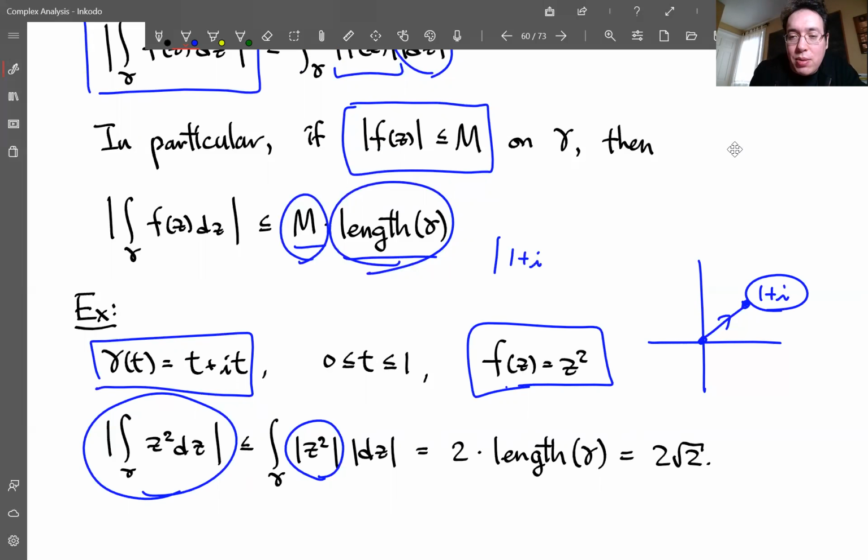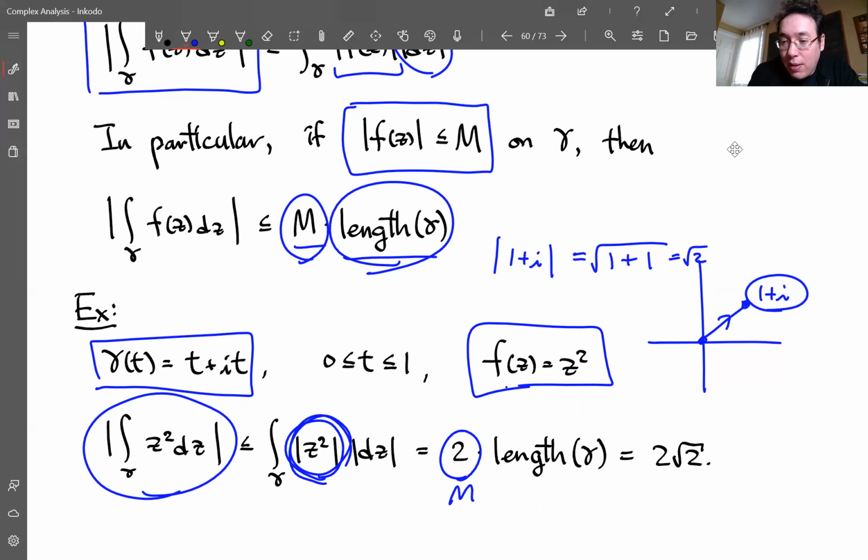So the modulus of 1 plus i is square root of 2. So the modulus squared, square root of 2 squared, is going to be 2. So that's my M in the ML estimate.